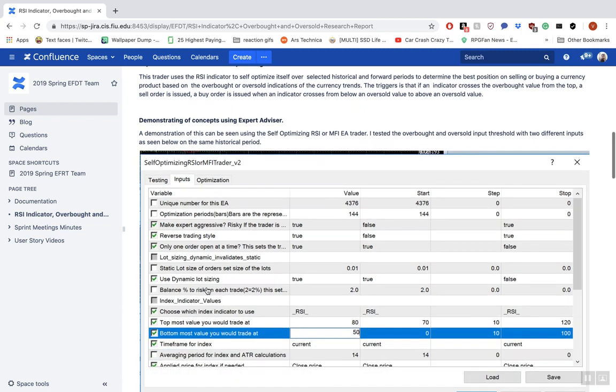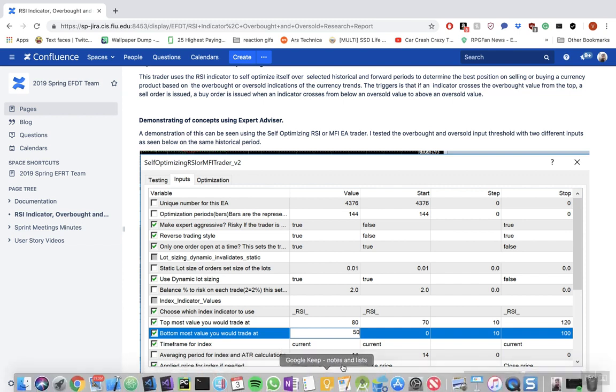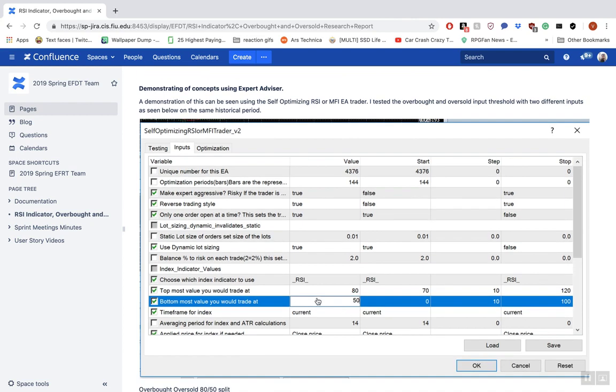So in an effort to push the established criteria of 70-30, for the first test I did on this concept, I used the overbought position at 80 and the bottom oversold position at 50, which is typically outside the norm.